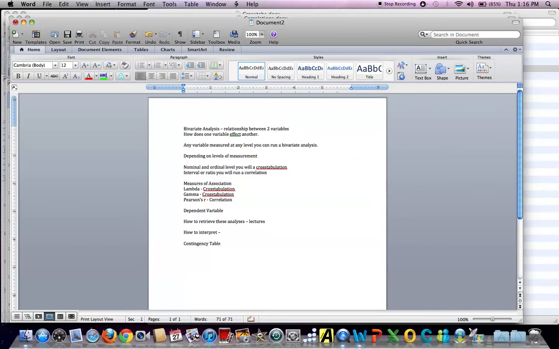The contingency table is basically the values of one variable are contingent on the values of another variable. Okay, and so let's go back to our example.